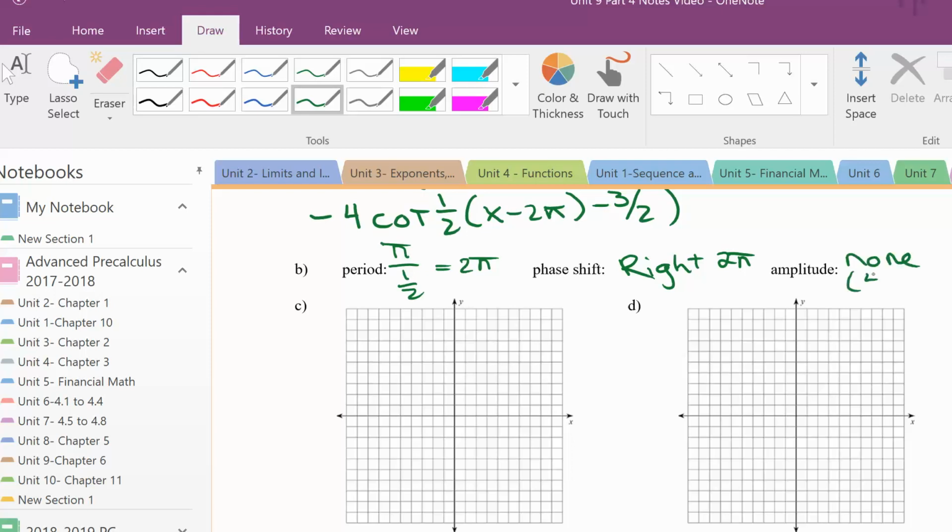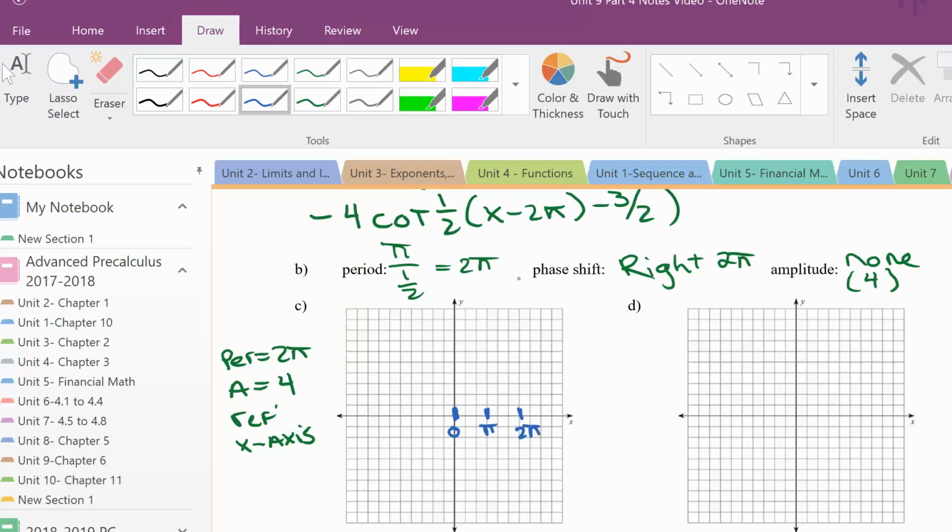But keep in mind that it's going to go up to 4 and down to 4 because the A is 4. So remember, the period is 2 pi. The A is 4. And there is a reflection. So that means instead of going down from left to right, it's going to go up. So with that in mind, we're going to start at 0, but now it's going to go pi and then 2 pi.